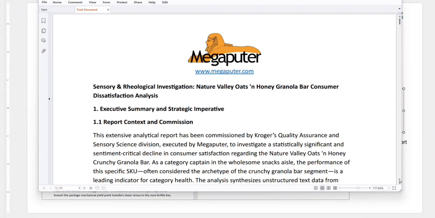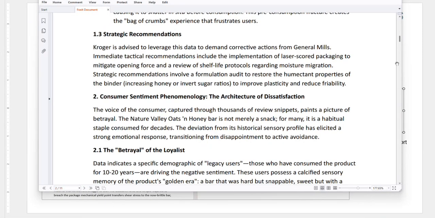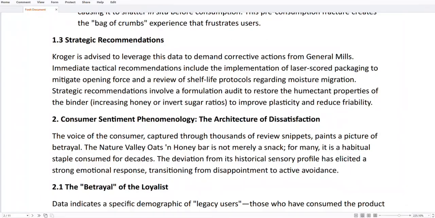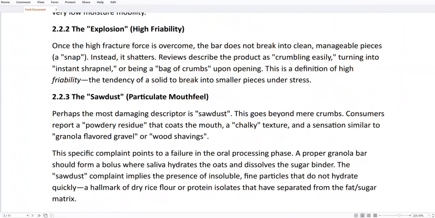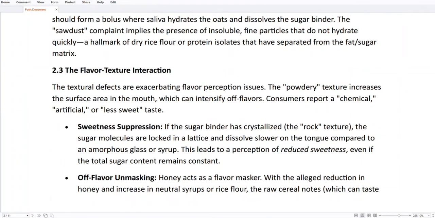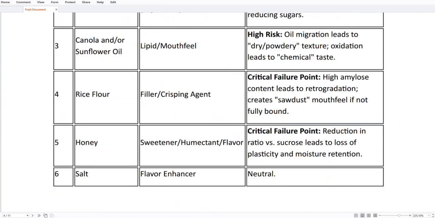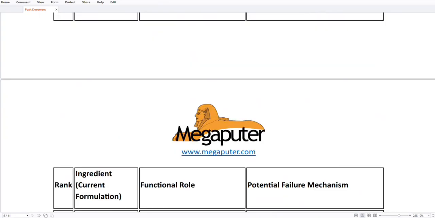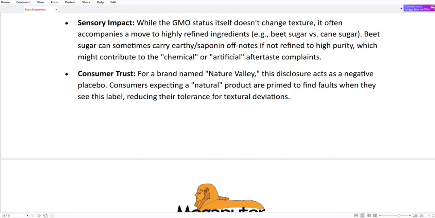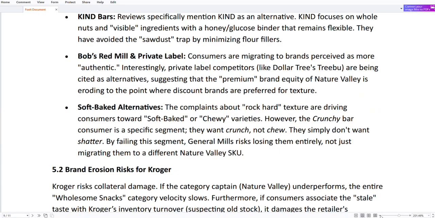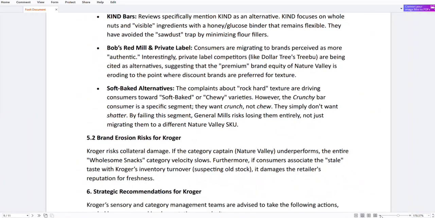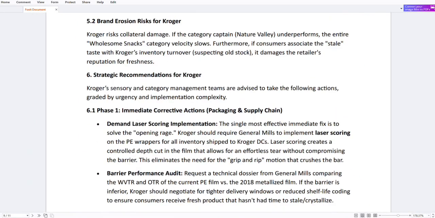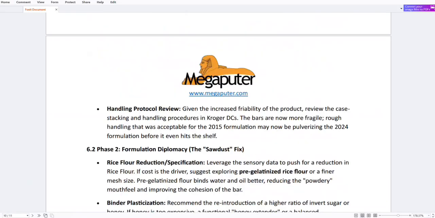This report provides meaningful insights, and it provides recommendations what can be the cause and what can be the recommendation for fixing the issue. So it provides detailed recommendations, the course of action.